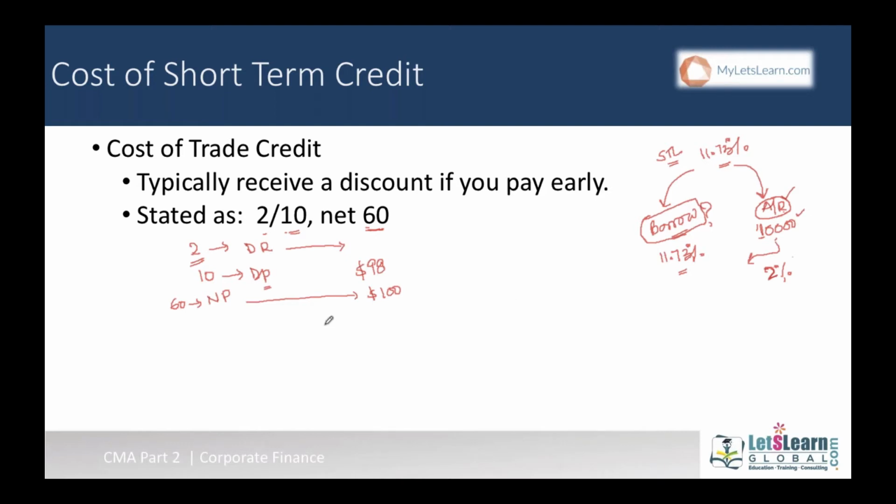For this, we need to find out one formula to calculate the cost of giving the discount, which is discount rate divided by 100 minus discount rate, times 365. 365 is the total number of days, or you can take even 360 as per the question given.